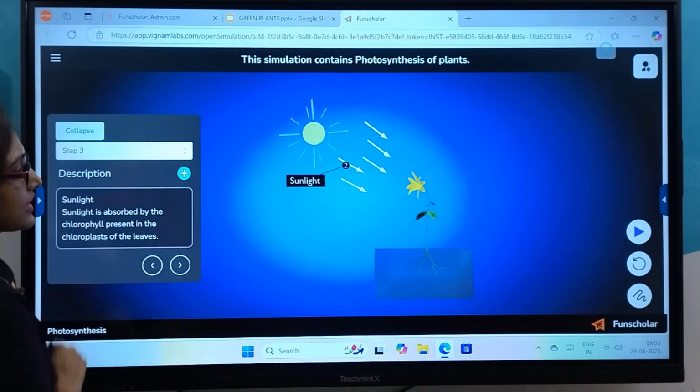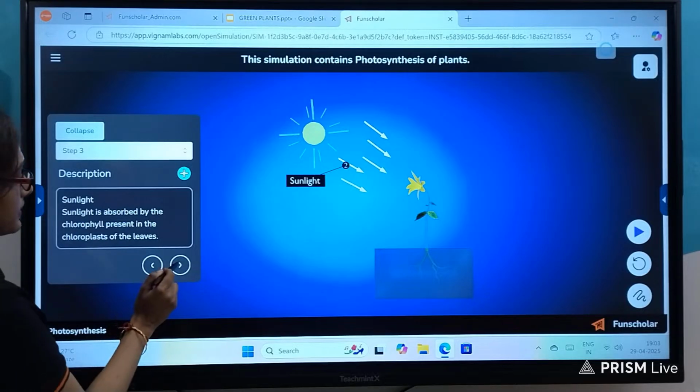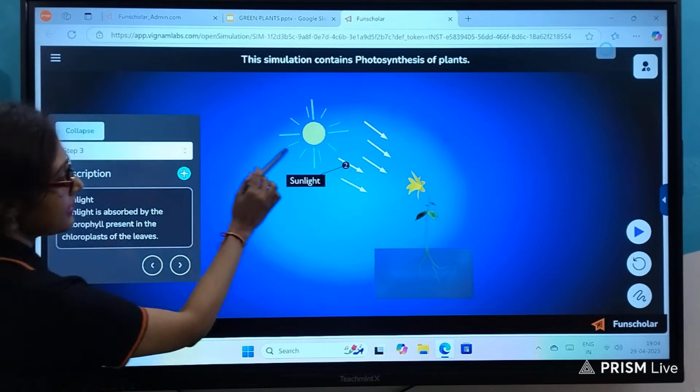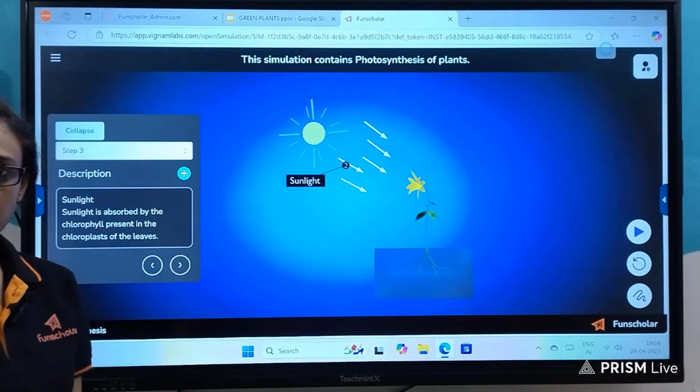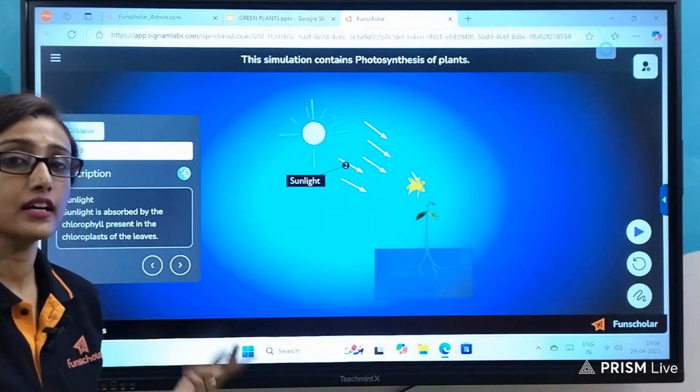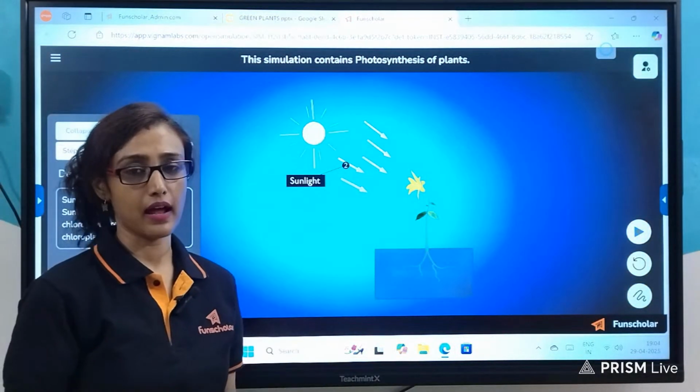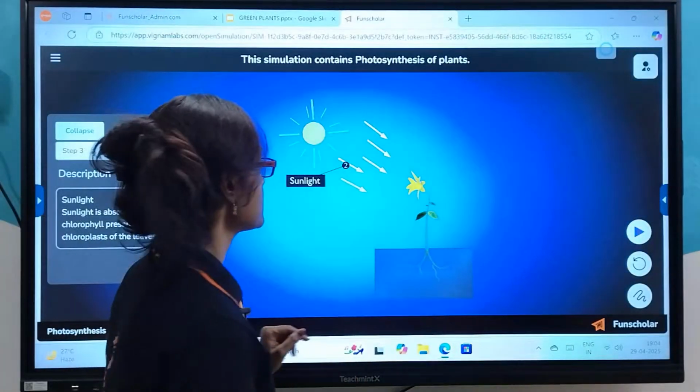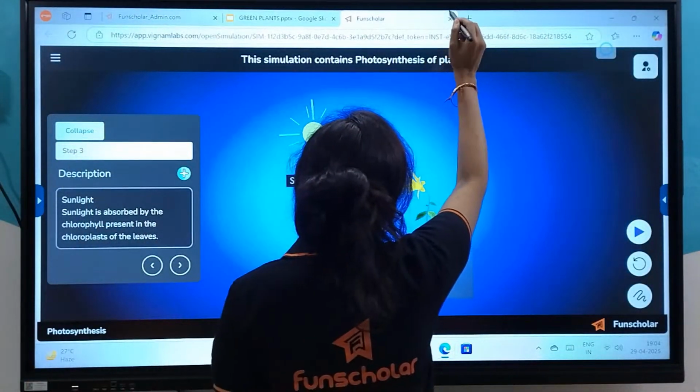Third, sunlight is being absorbed by the plant. See, these three are the raw materials needed by any plant to carry out photosynthesis or make its own food.